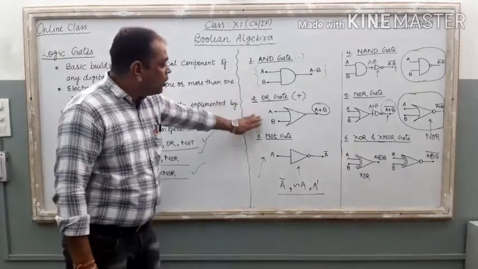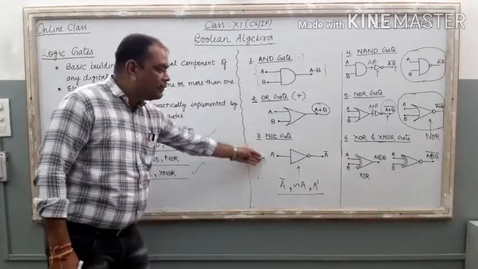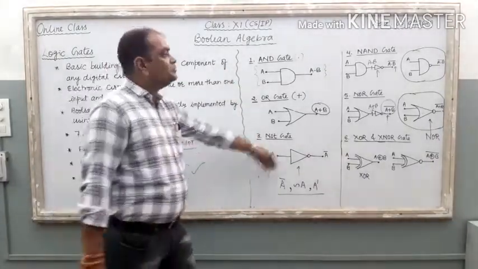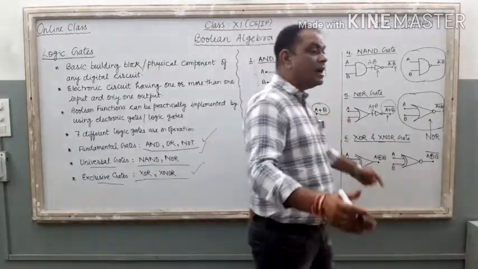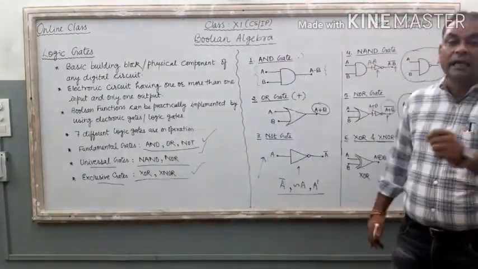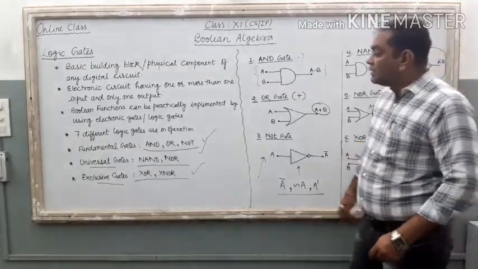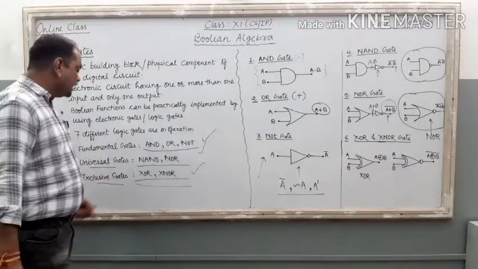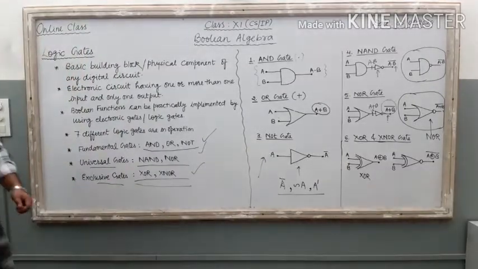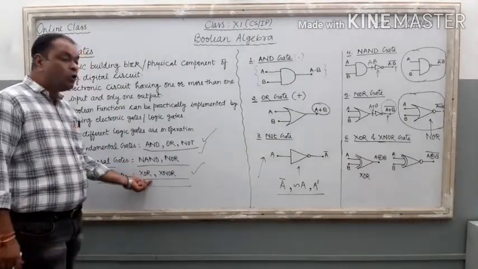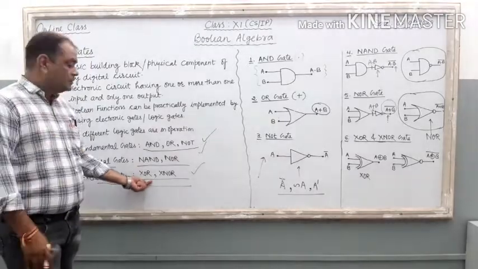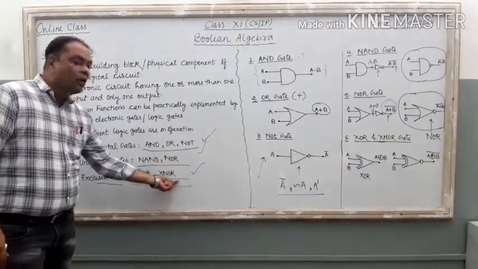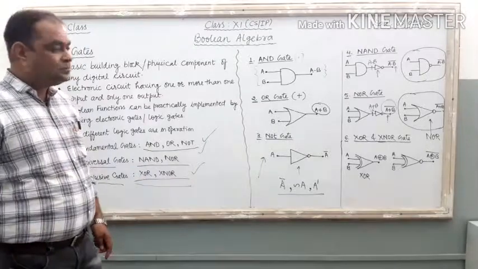So AND, OR, NOT, these three fundamental gates are there on the board. NAND and NOR are the universal gates of our Boolean algebra, and then the last two are the exclusive gates. In the exclusive gates category, the very first is XOR, and then XNOR.